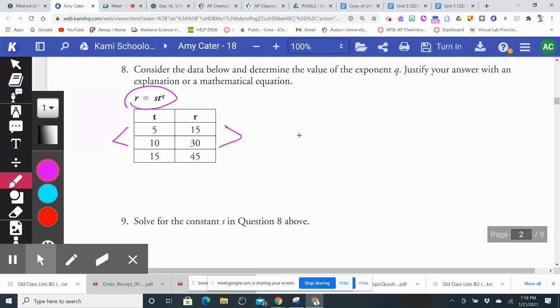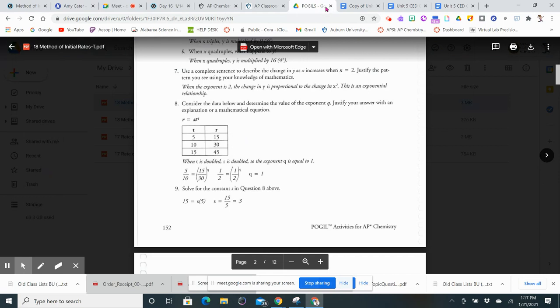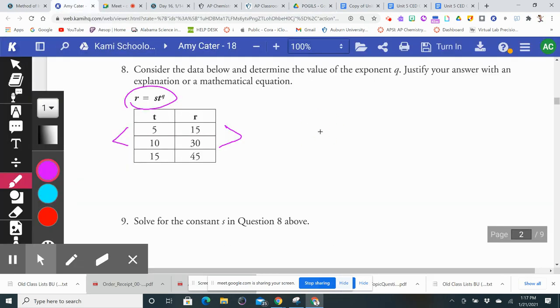So if I looked at T, if I compare, so each one of these has this equation, okay? And S is a constant. So if I'm comparing those two equations and S is a constant, then it's going to cancel out, right? Because it's going to be the same for both.